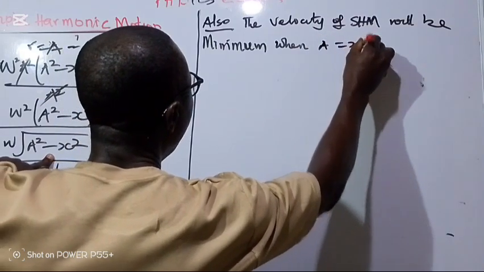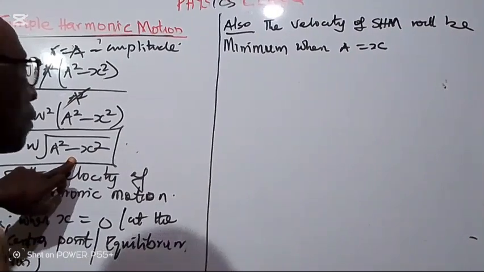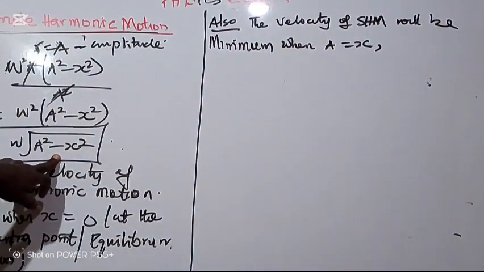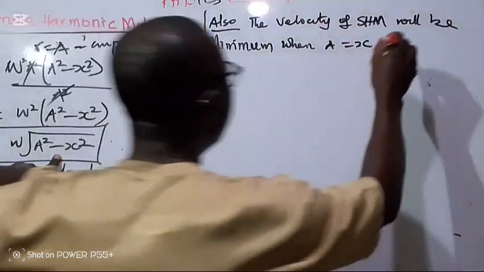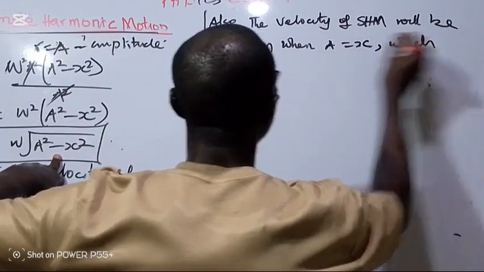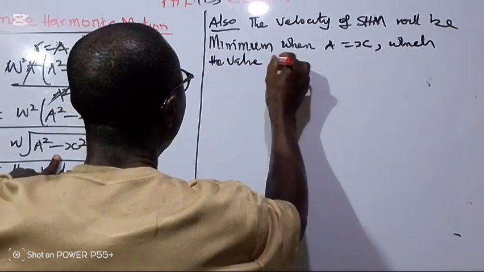And when A is equal to x, we are going to have the minimum velocity, which has the value equal to 0.